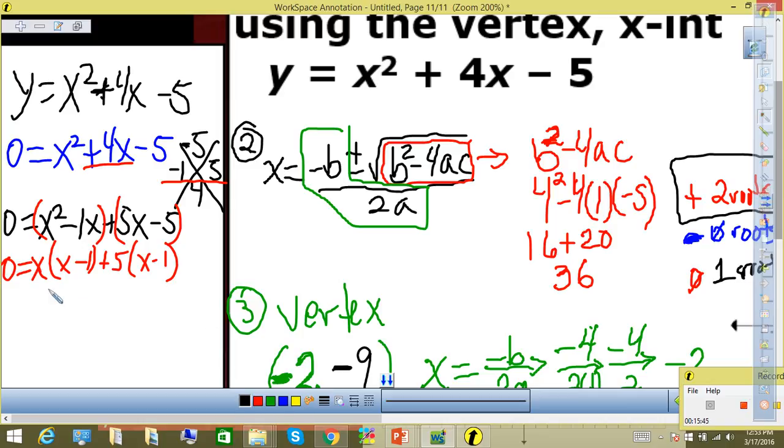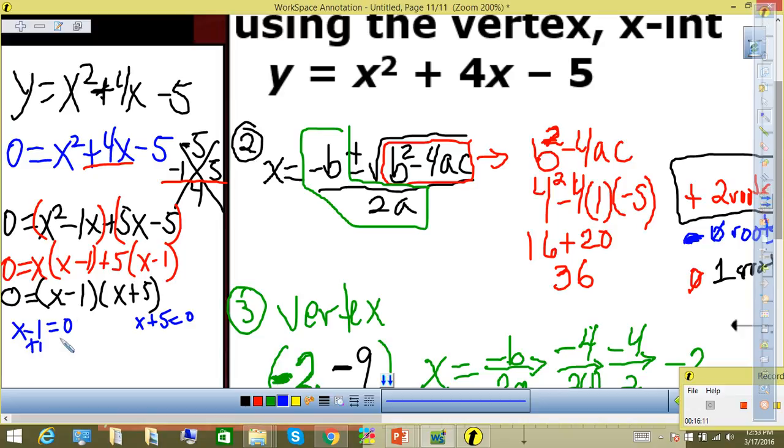So our factors are x minus 1 times x plus 5, and all that equals 0. And everyone, what is our next step there? ZPP, so set them equal to 0 and find our zeros. So here we go. ZPP, you know me, x minus 1 equals 0, x plus 5 equals 0.